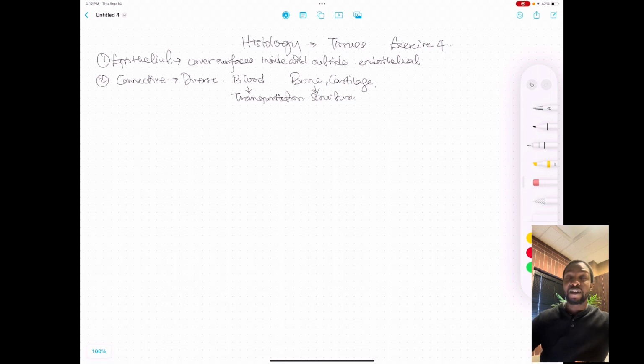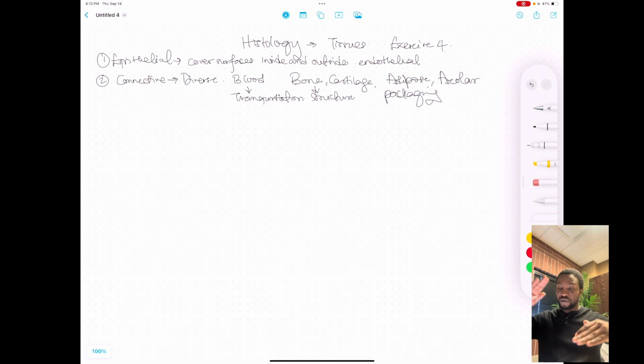Blood, bone, cartilage, adipose, which is for packaging. Adipose and areolar are great for packaging. Areolar is also found in parts of the body that allow blood vessels and nerves to pass through. So these are all connective tissue types. You see, they do all different types of things. The different types of cartilage in your body are connective tissue types, okay?